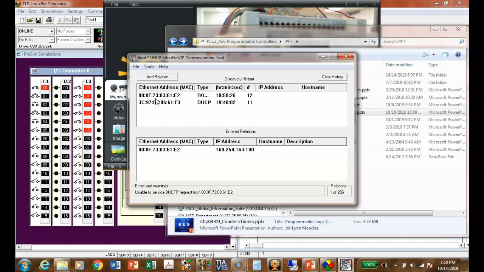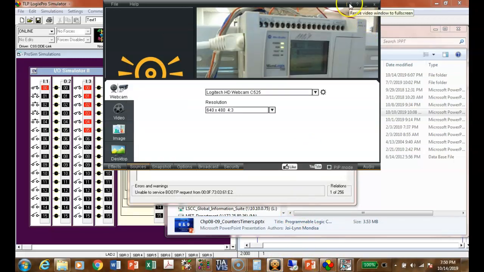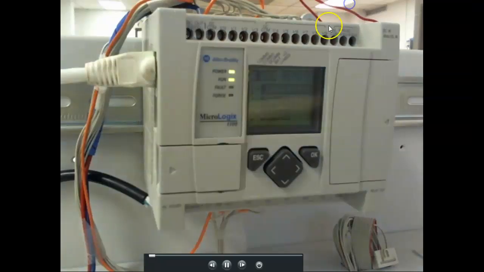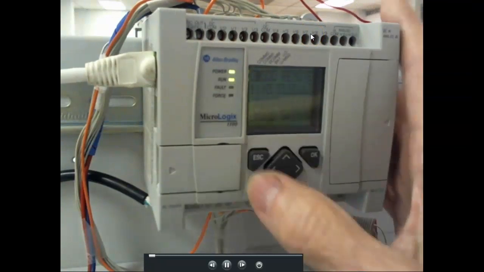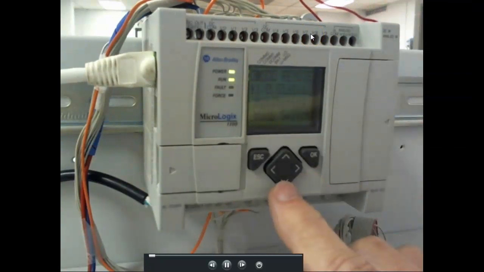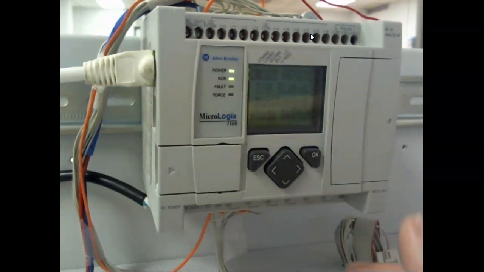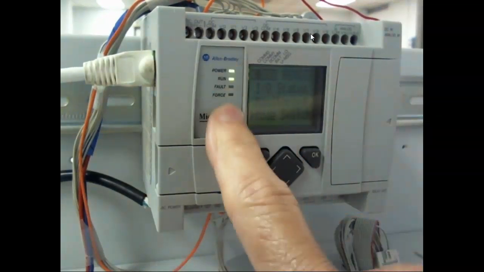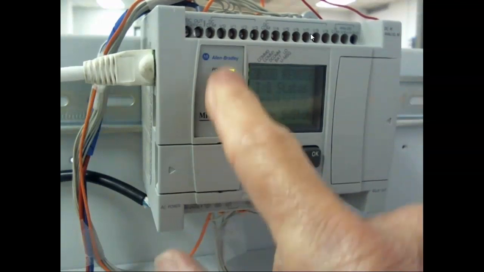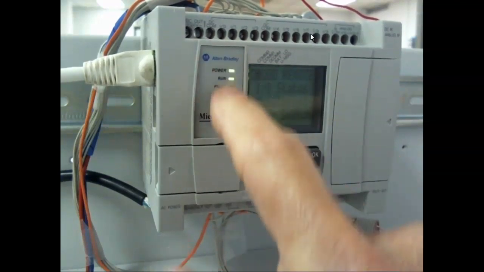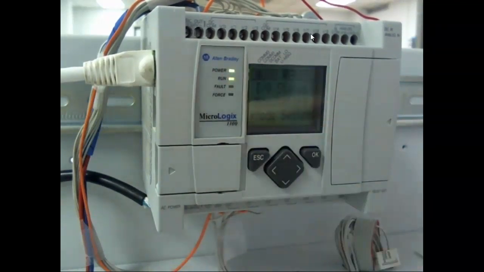By the way, you can see the IP address, and that's what I should have shown y'all. I'm sorry. So I'm going to hit escape, and it brings up another menu. This is where I can manually switch it between run and program. If I switch it to run from here, then you can't change it remotely.